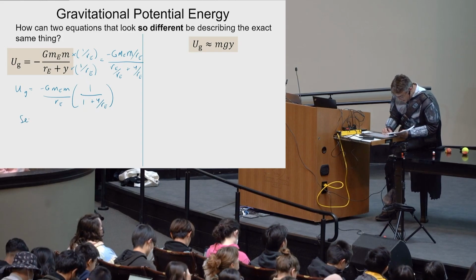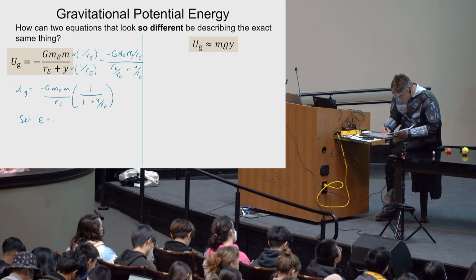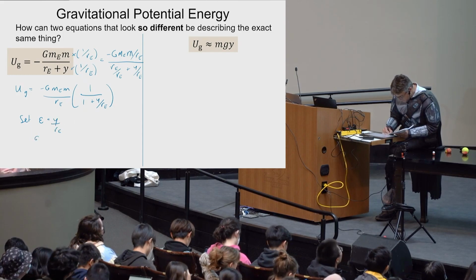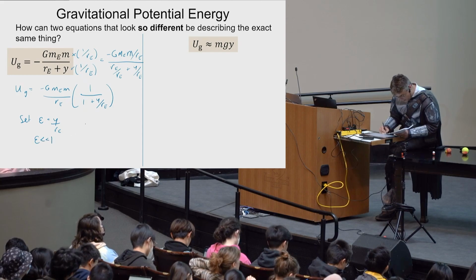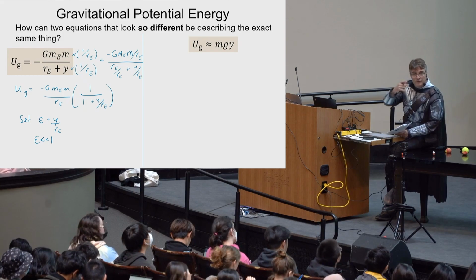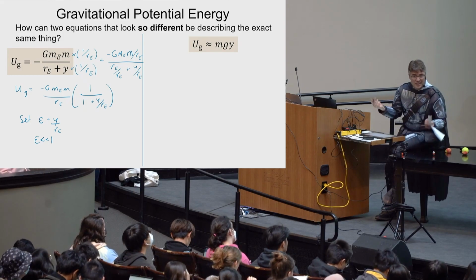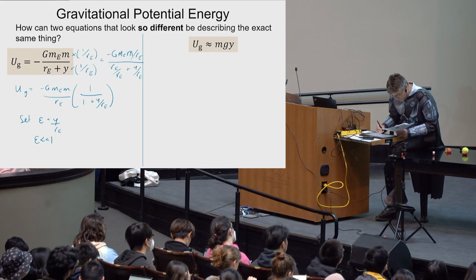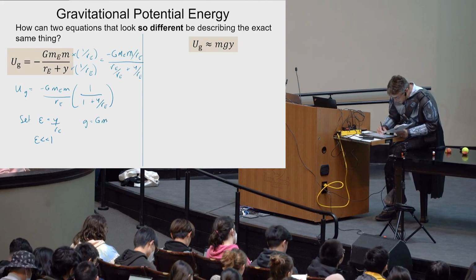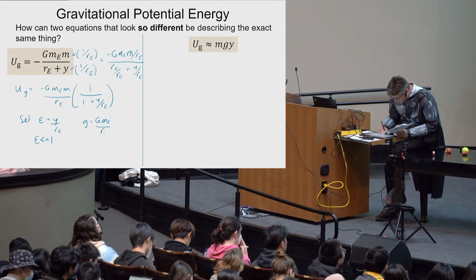And if we set epsilon equal to Y over R_E, that's a small number. Epsilon is much, much less than 1 in this case, because some change in height above the floor, Y, is much less than the radius of the Earth. And also lowercase g is equal to capital G times mass of the Earth divided by radius of the Earth squared.